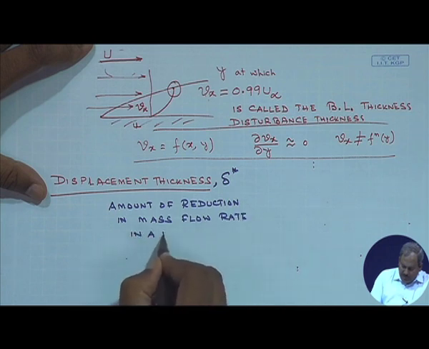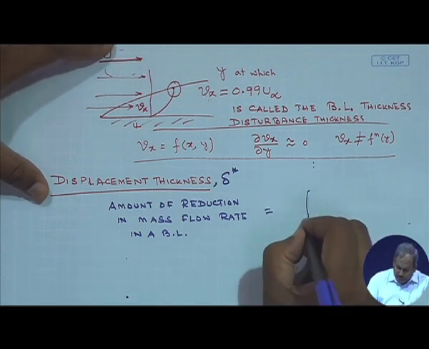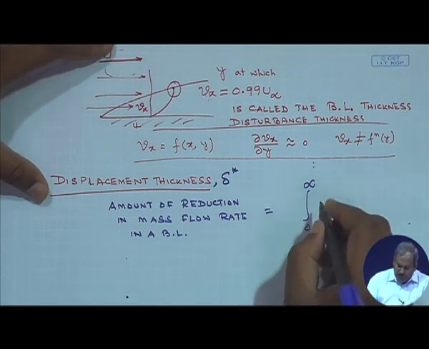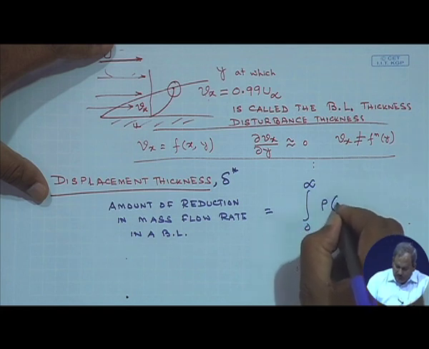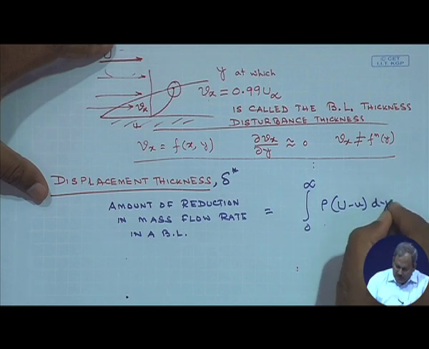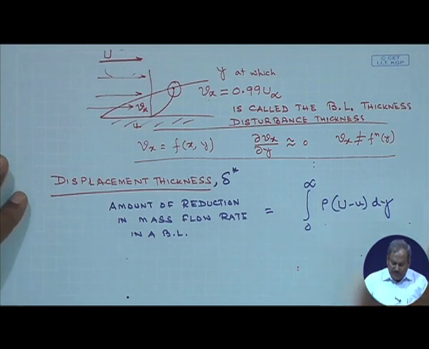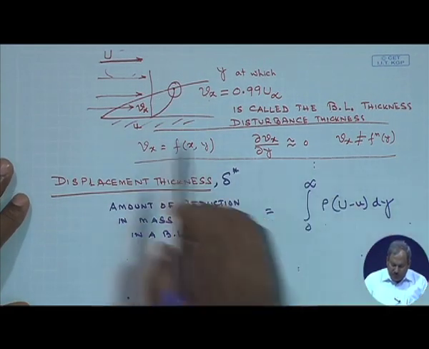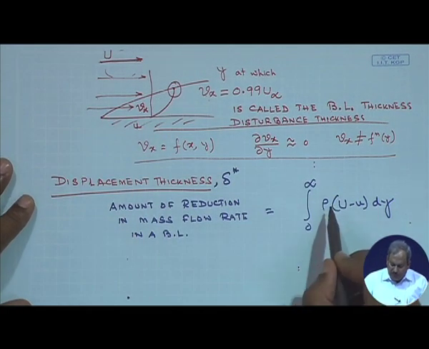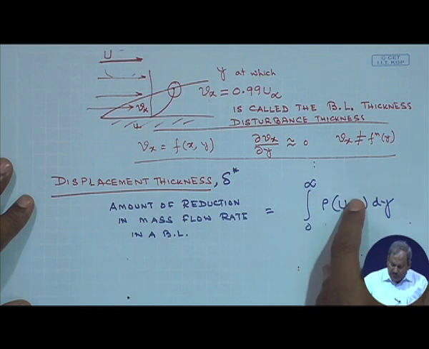in a boundary layer would simply be equal to the integral from 0 to infinity of rho times capital U minus small u times dy. Here we have assumed that the depth perpendicular to this paper is unity. So if I did not have the boundary layer, the amount of mass flow rate would simply be rho U times dy.